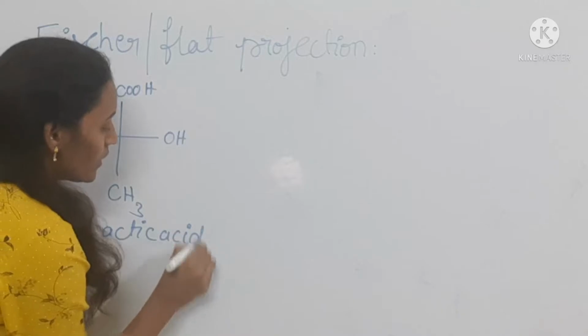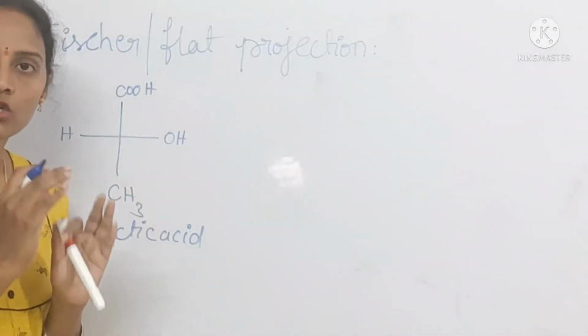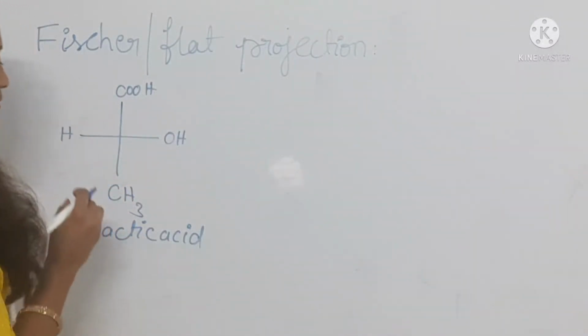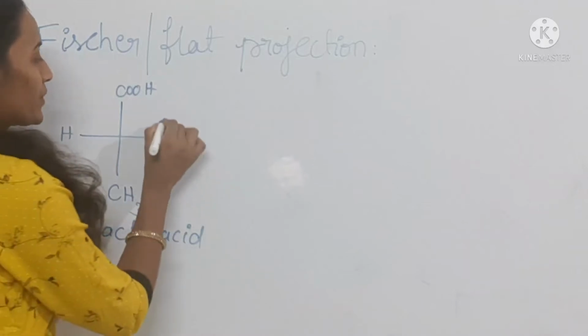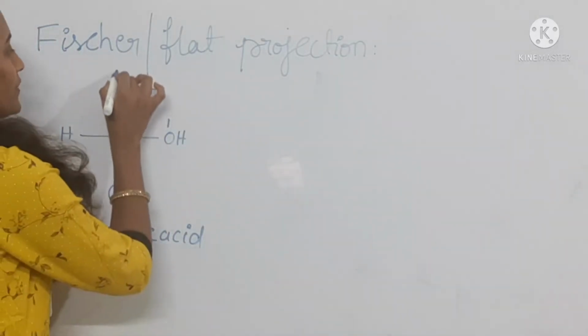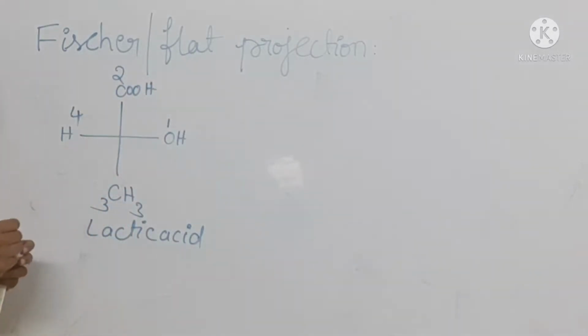You should assign priority for these groups, I mean the groups present on the vertical line and horizontal line. Which one gets more priority here? OH takes first priority, after that COOH, after that CH3, after that hydrogen.